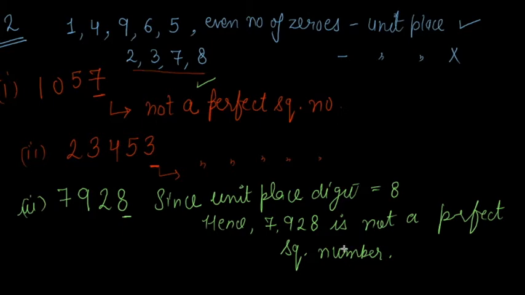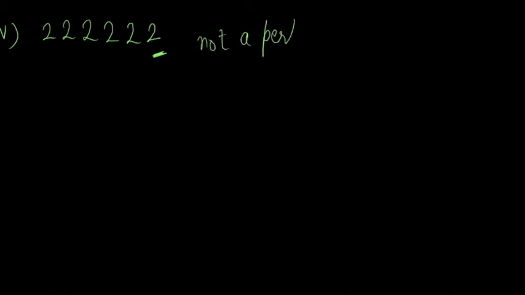Okay. Moving to the next part, which is your fourth part. Now again we will only focus on the unit place digit, which is 2. It is not listed there, so it is not a perfect square number. Right, because if the numbers have 2, 3, 7 or 8 at the unit place, they are non-perfect square numbers, right?